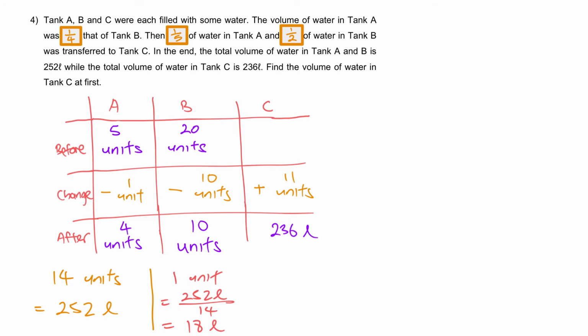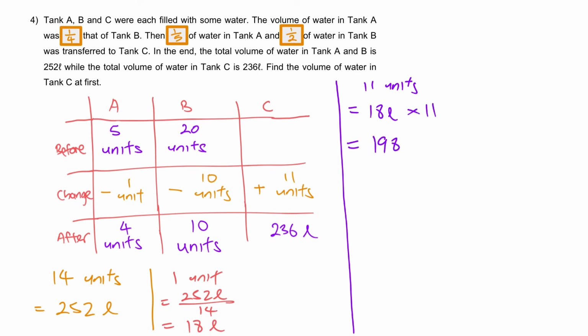Let's find out how much water was added to C. Once we figure out the value here, we just need to subtract it, working our way backwards to find the answer. So 11 units will be 18 liters times 11, that is 180 plus 18, 198 liters.